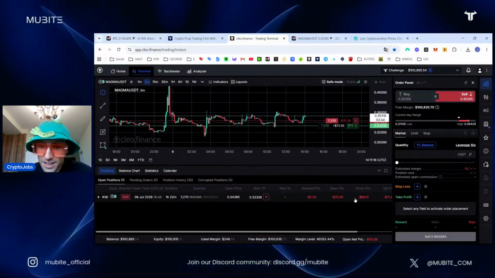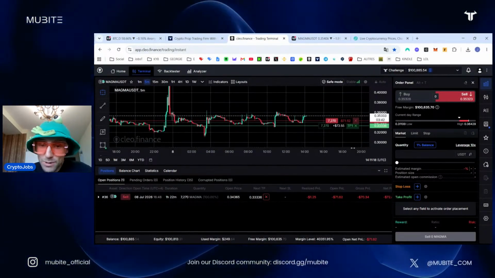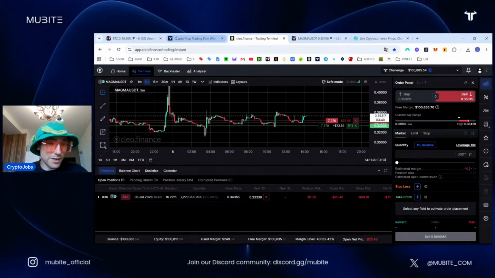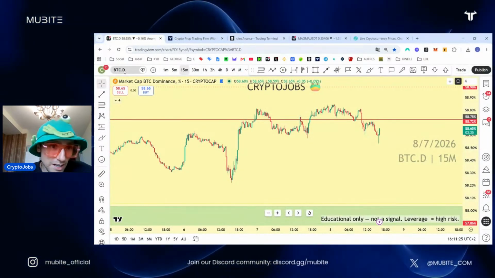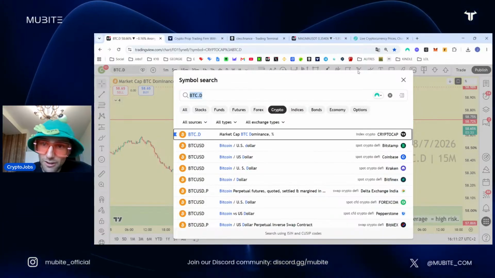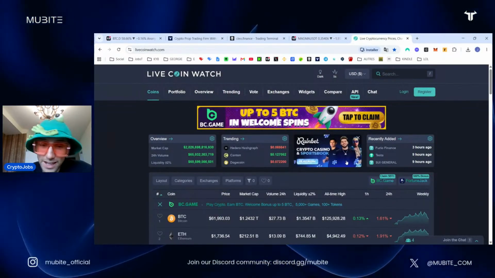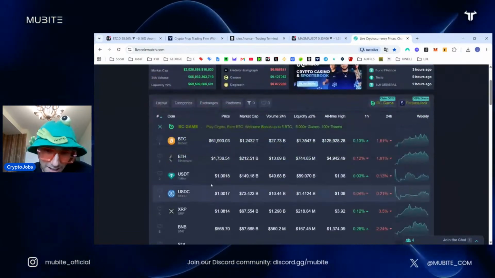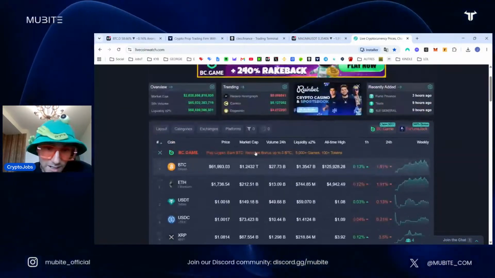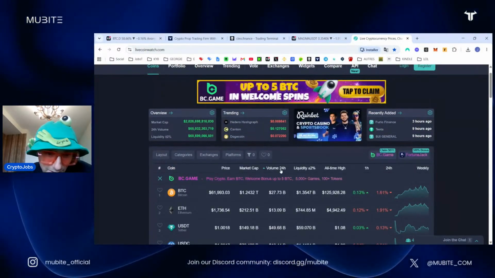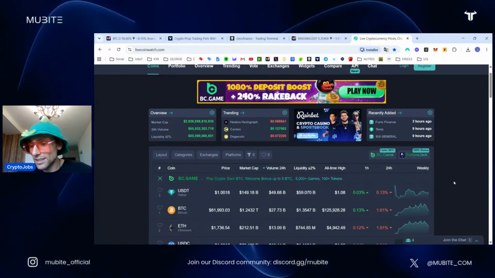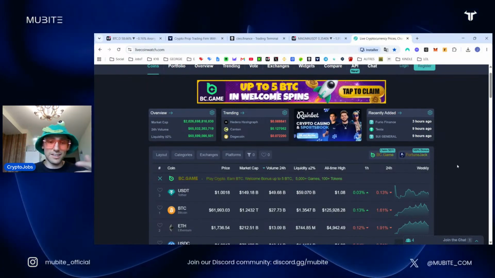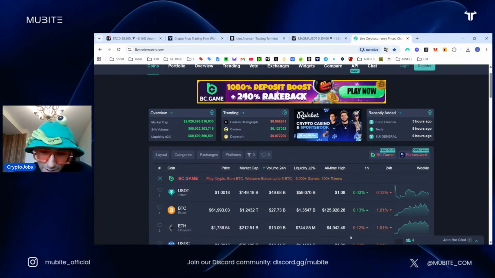And as you can see, 95% of tokens have now almost fully retraced to the bottom. They are trading now at the price they were 8 years ago, 6 years ago. So yeah, it's all about timing. It is very, very difficult nowadays to find something safe, because when you ask such a question, it's not like gambling or trading.